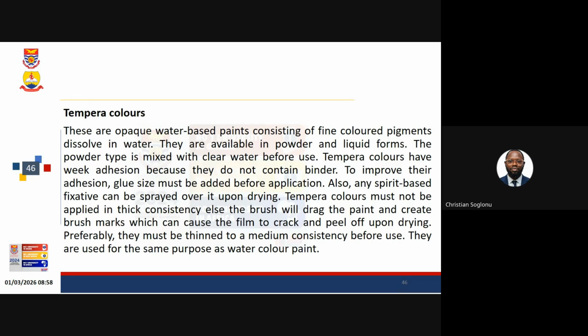So tempera colors behave like watercolor paints, but they are rather opaque as compared to watercolor, which is transparent. So this can also serve as the opaque watercolor.